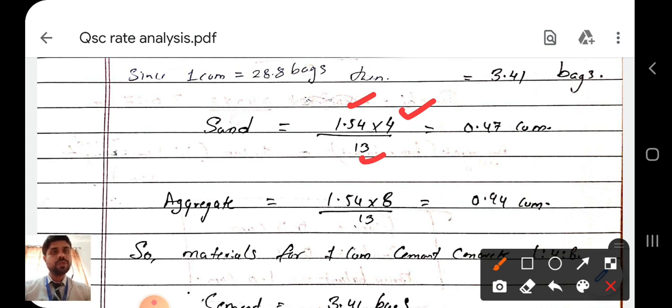So 4 is the ratio of the sand, and the quantity we get is 0.48. Similarly, we will calculate the quantity of aggregate also, in which 1.54 is the dry volume, 13 is the total ratio, and 8 is the ratio of aggregate. So we will get the value 0.94 cubic meter.